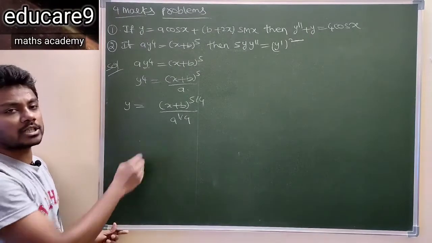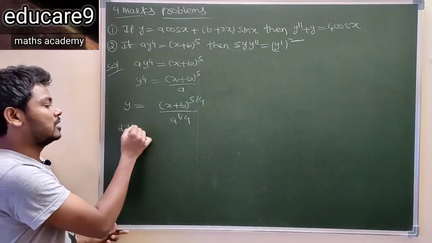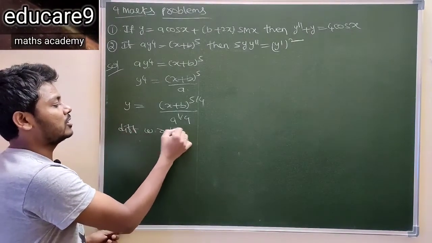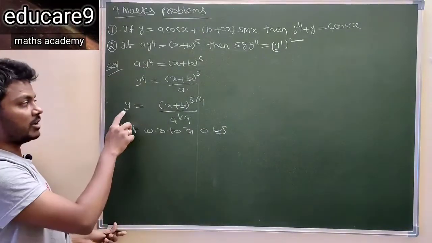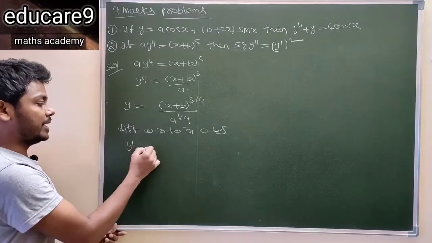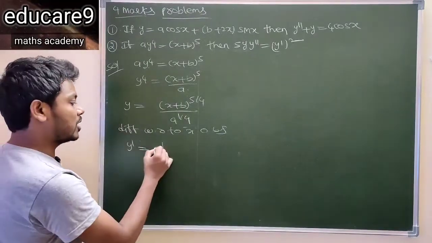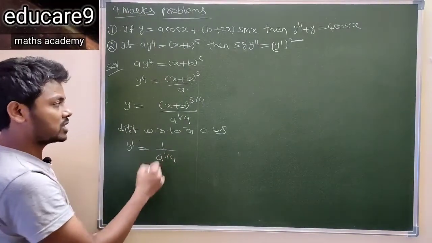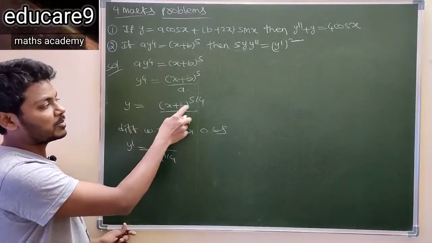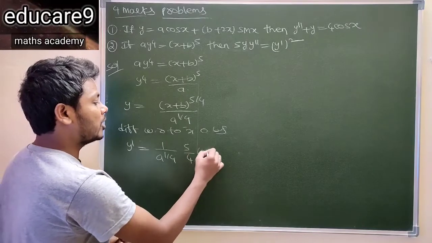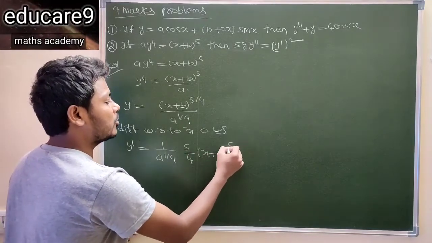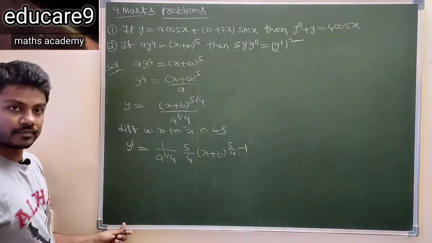Now differentiate with respect to x on both sides. So the derivative of y is y dash, which is equal to 1 by a to the power of 1 by 4, which is a constant, times the derivative of x plus b whole to the power of 5 by 4, that is 5 by 4 into x plus b whole to the power of 5 by 4 minus 1.